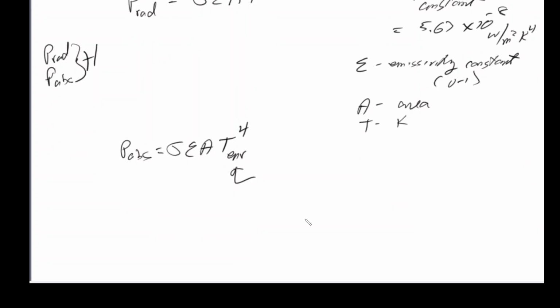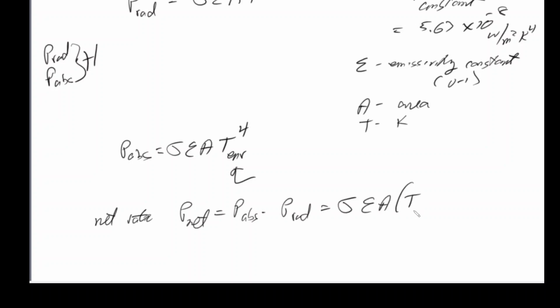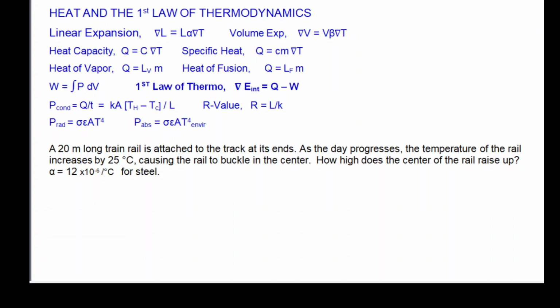And objects can radiate and absorb energy at the same time. So you can get a net rate of absorption or radiation, P net, which is equal to P absorption minus P radiation, which comes to sigma epsilon A times T of the environment to the fourth minus T to the fourth.